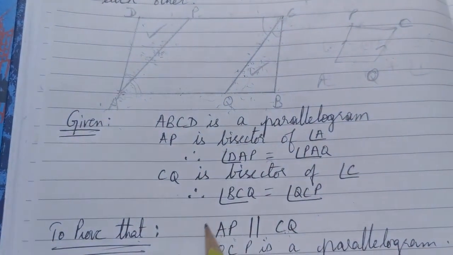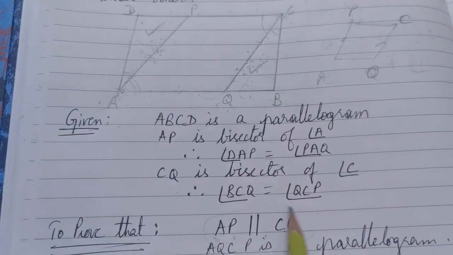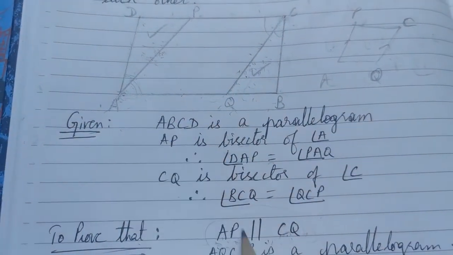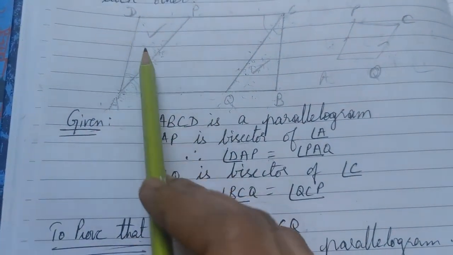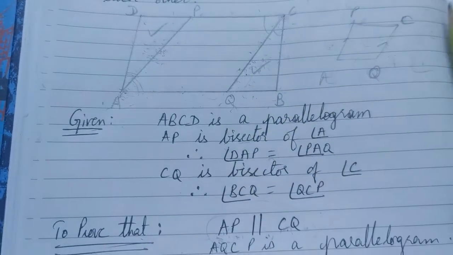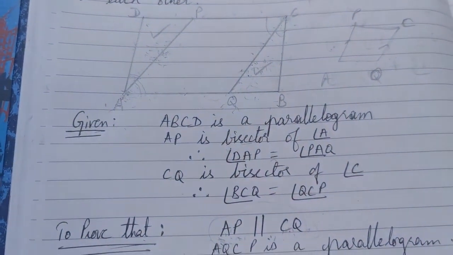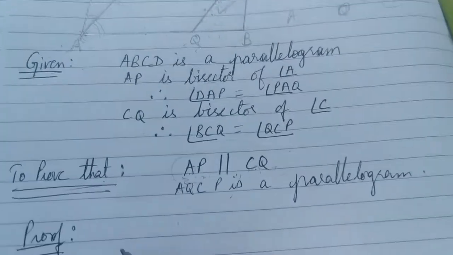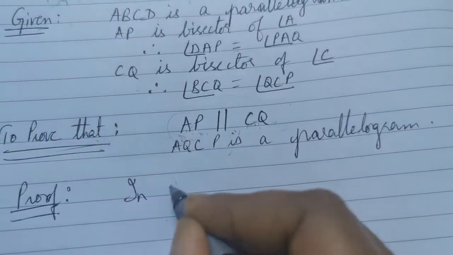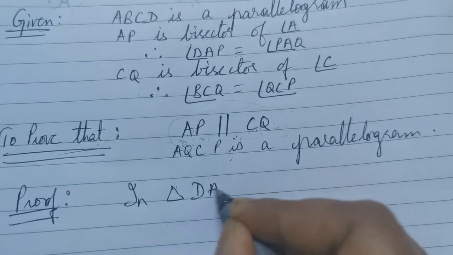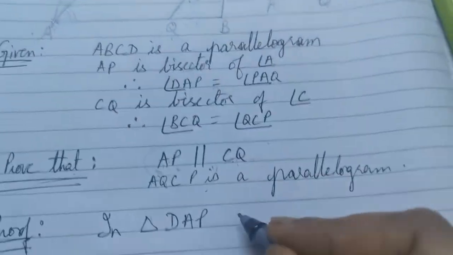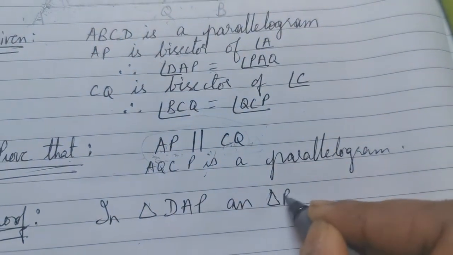Whatever I have to prove, I have to check where those two things lie. So I will compare the first triangle DAP and the second triangle BCQ.